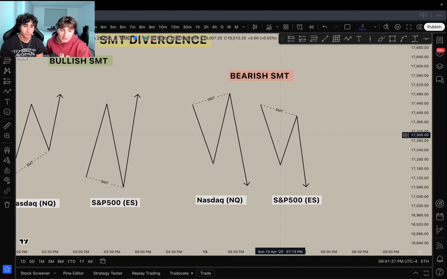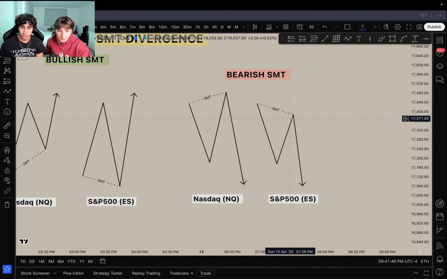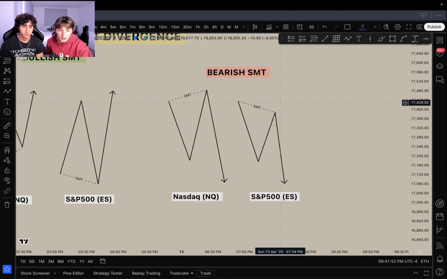But if you look at, let's say, the ES chart in comparison to NQ, you can see that you have a high, a low, and then a high that fails to take this high, and then a new low. But although this might look like a failure swing, you have an SMT there because NASDAQ actually took that high. So you might be thinking, oh, I need to wait for a liquidity sweep at this high, without realizing that, you know, NASDAQ might have taken that high already, and therefore you have an SMT.